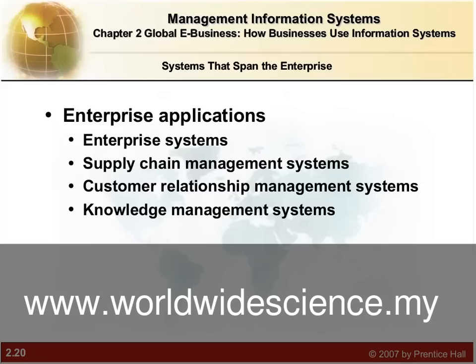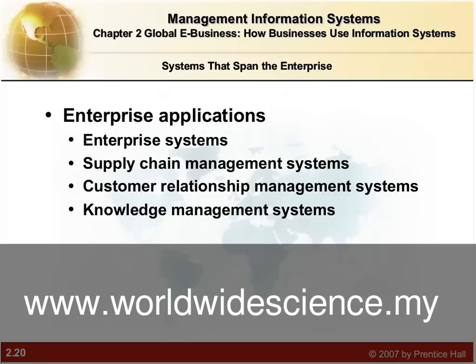As you see here in this slide, there are four major enterprise applications. One of them is enterprise systems, the others are supply chain management systems, customer relationship management systems, and knowledge management systems. From next week onward, for 2 or 3 weeks, we will discuss all these enterprise applications, bring cases, and talk about them in detail.